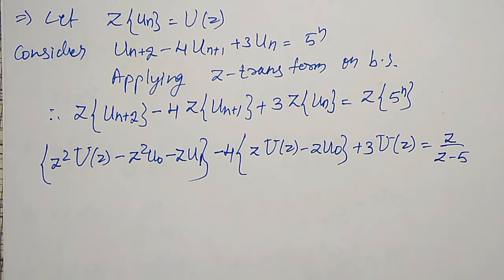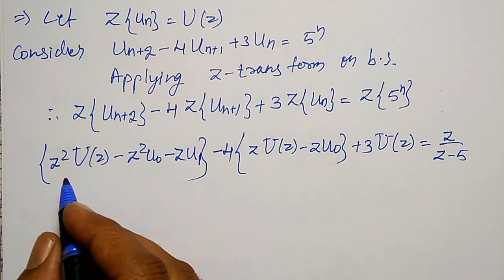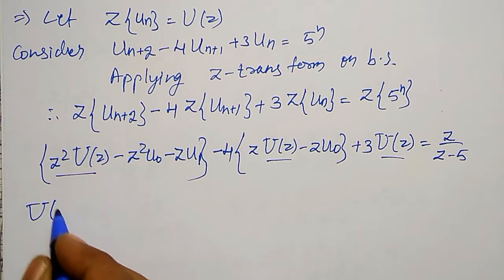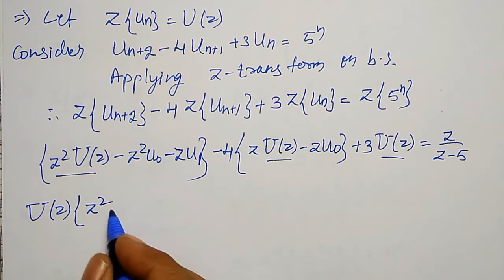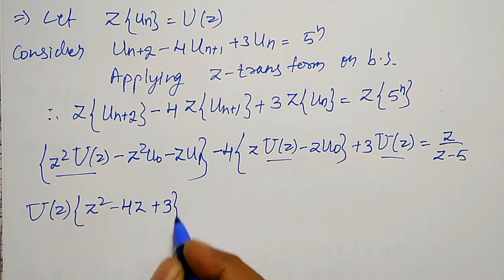Okay. Now, simplifying, I will take the common terms. U(z) times (z squared minus 4z plus 3).